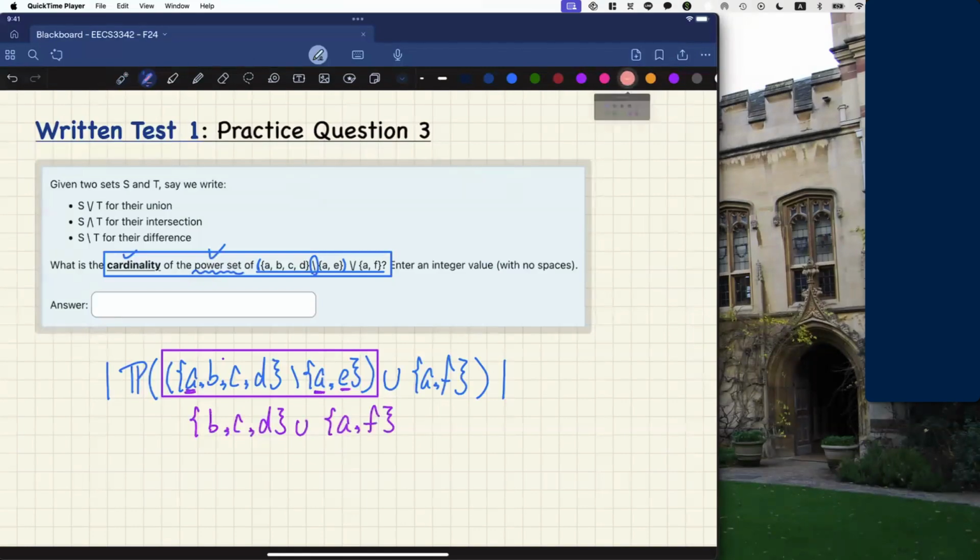And that one there is going to give us a set A, B, C, D, F. All right. And then we're going to take its power set, and then we're going to take its cardinality, basically, right? So that's what the question boils down into.